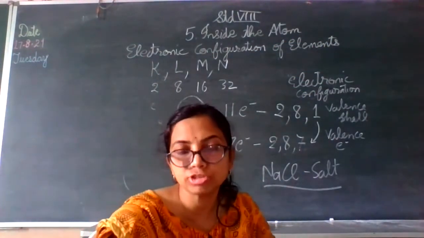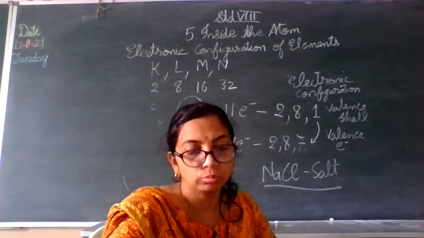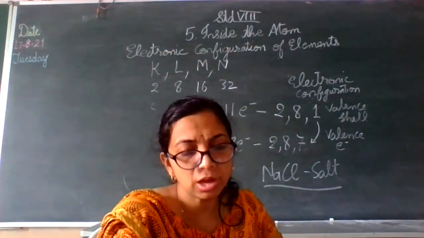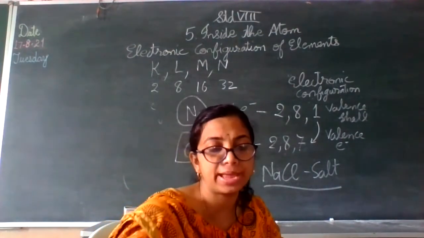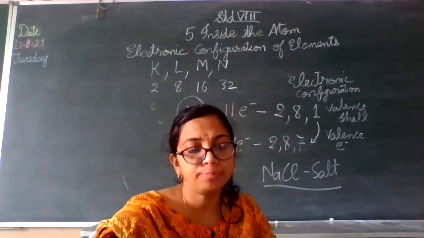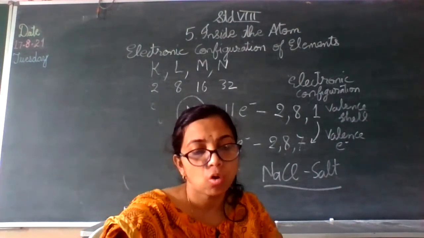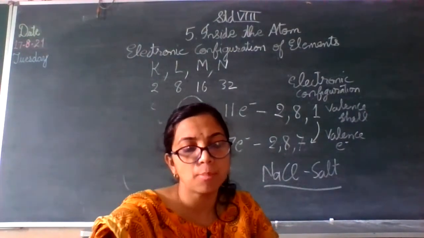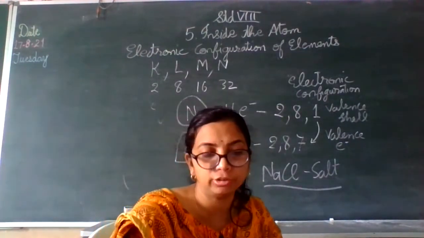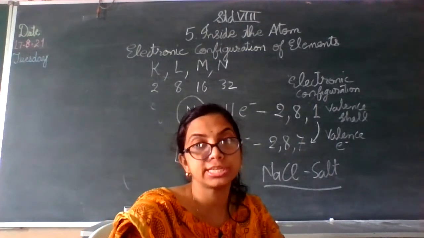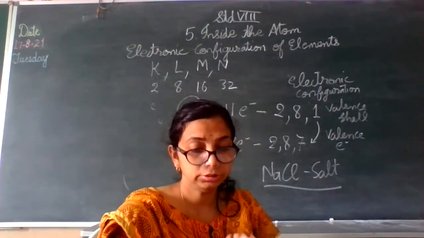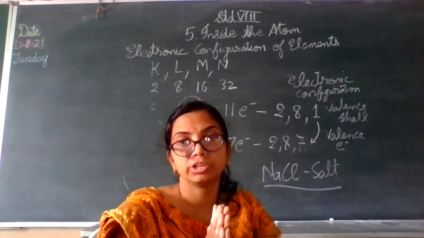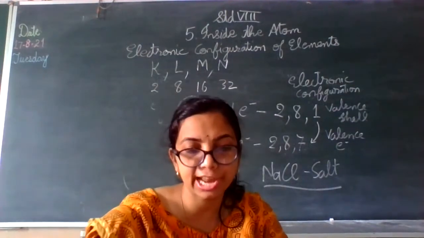That way compounds are formed. Now we write the valency of the respective element obtained from them and also their electronic configuration and the number of their valence electrons, meaning outermost electrons, in the chart that I shall send you.